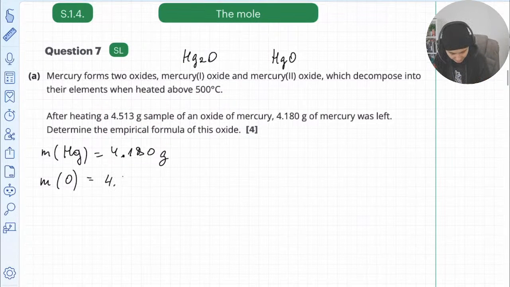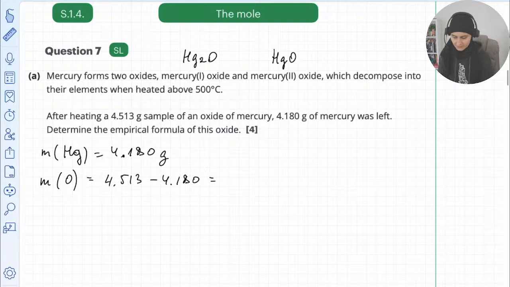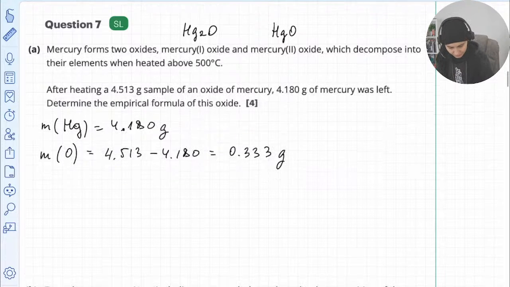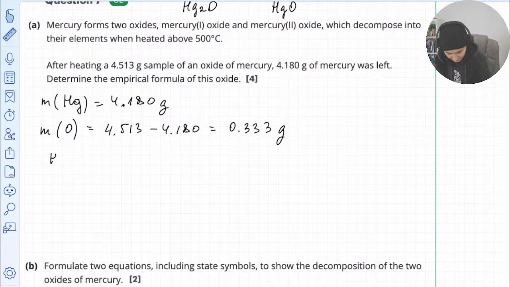So 4.513 minus 4.180. Once we know the masses, we'll find the moles and find the ratio. That's 0.333 grams of oxygen.